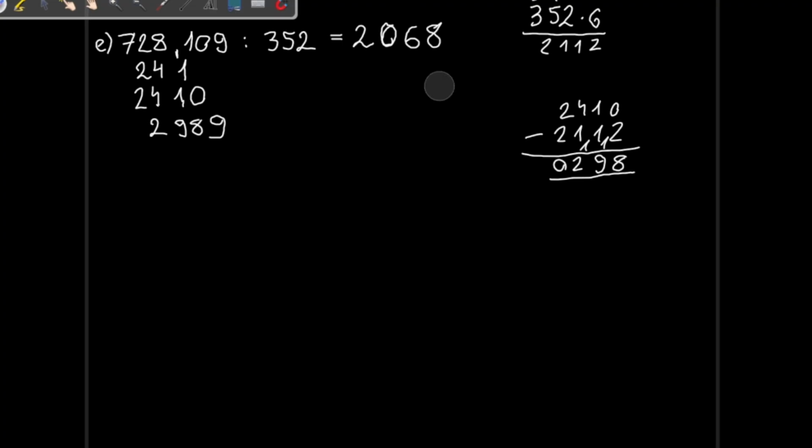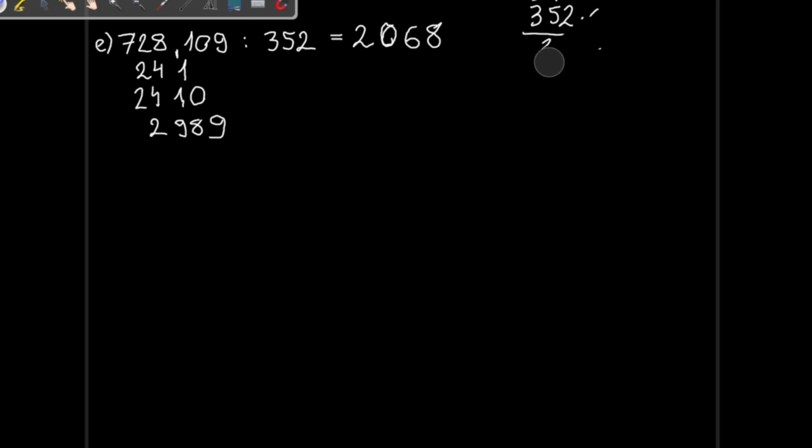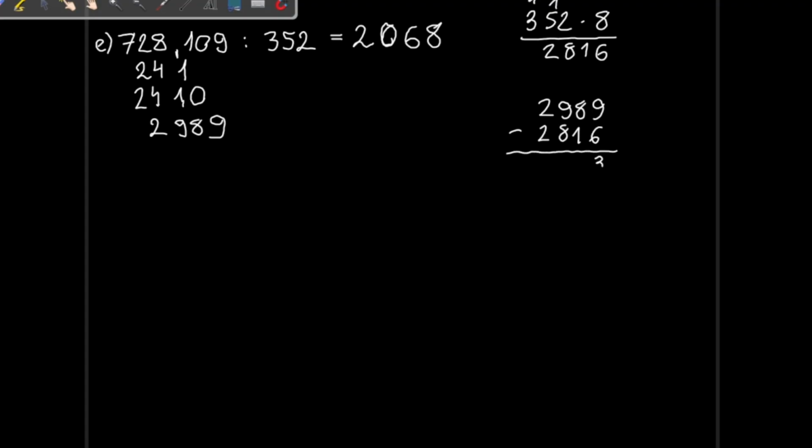So let's see, let's calculate the remaining part. 352 times 8, 16, 41, 24, 28, 2989 minus 2816. We have 3 here, we have 7 here, we have 1 here. So this is the remaining part, which is smaller than 352.